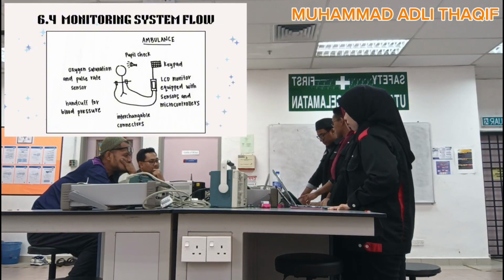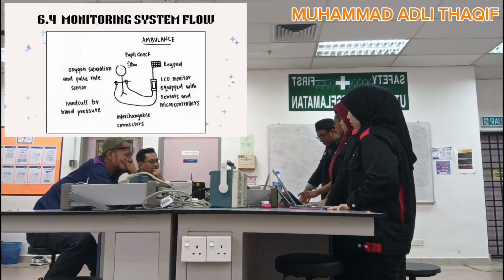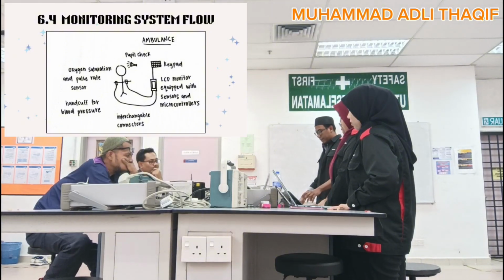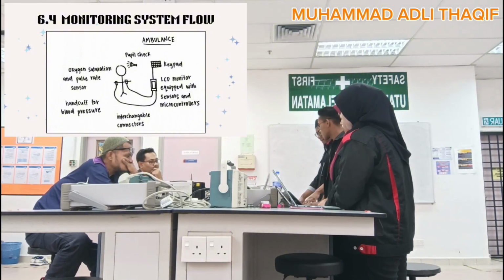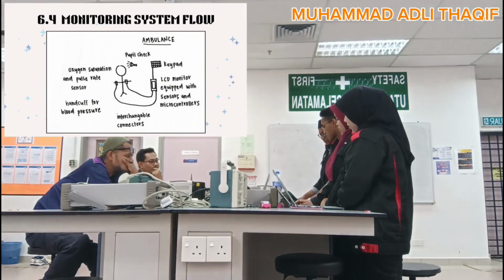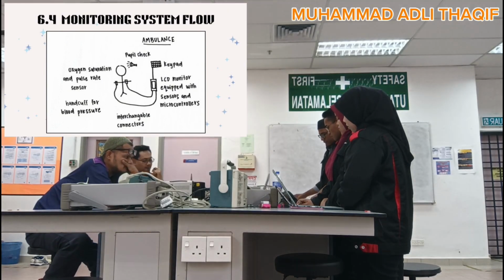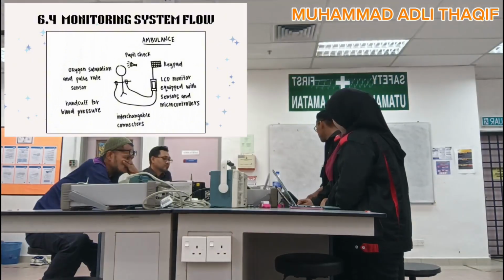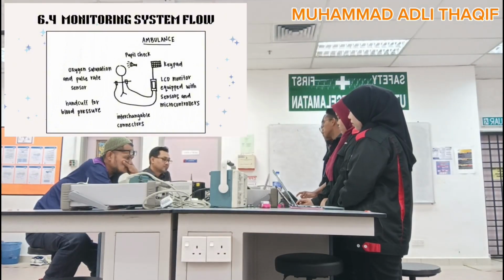Then we connect to the LCD monitor equipment with sensor and microcontroller. Then after that, the medical assistant will check the equipment of the student. Then she or he will key in the data using the keypad.